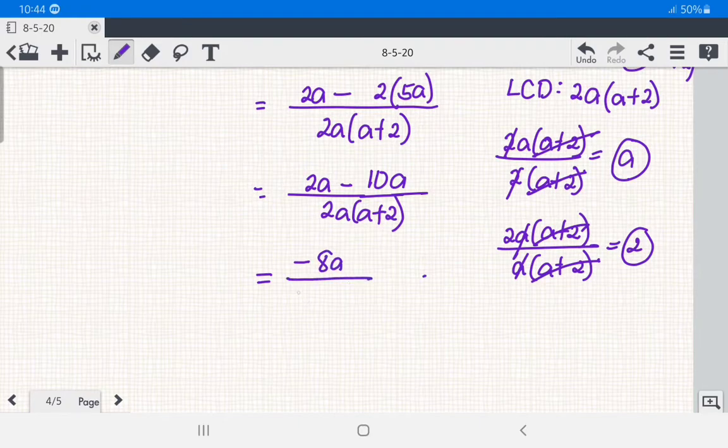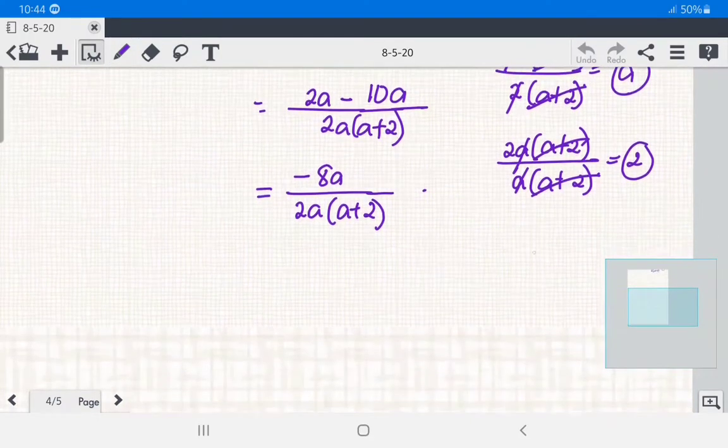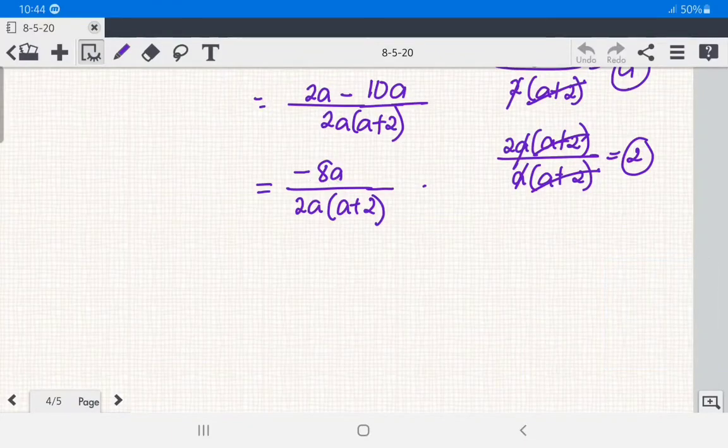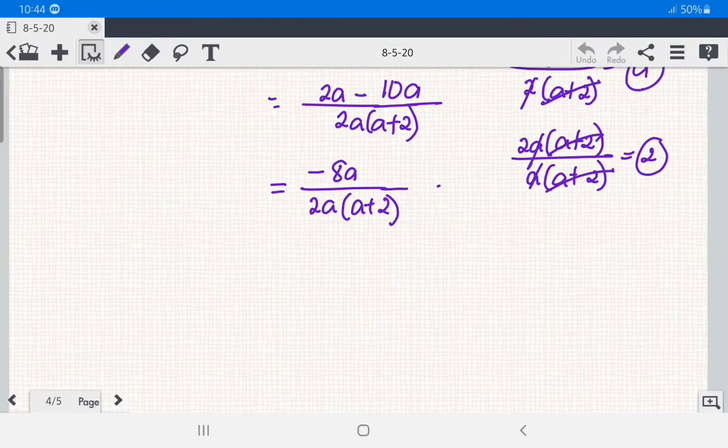Then over 2a times a plus 2. So here in this case, we can now divide 8a over 2a because they are now in factored form, we have 2a and then a plus 2. We can simplify negative 8a and 2a.